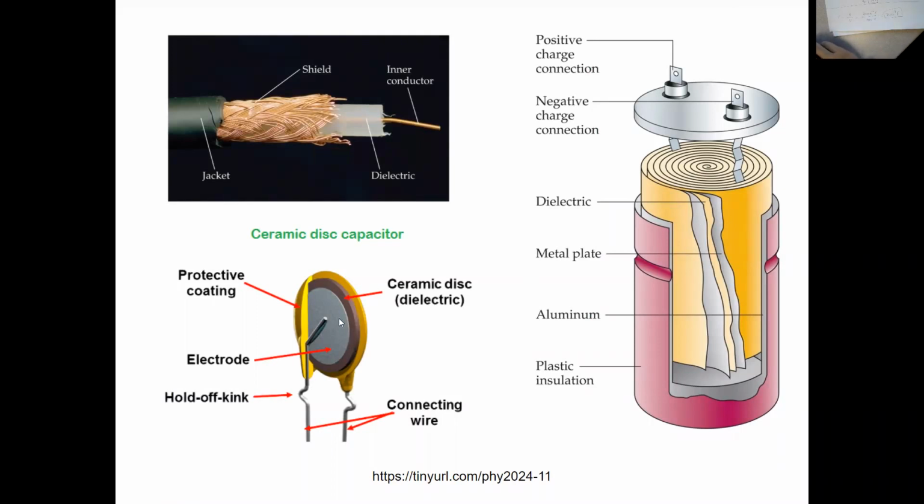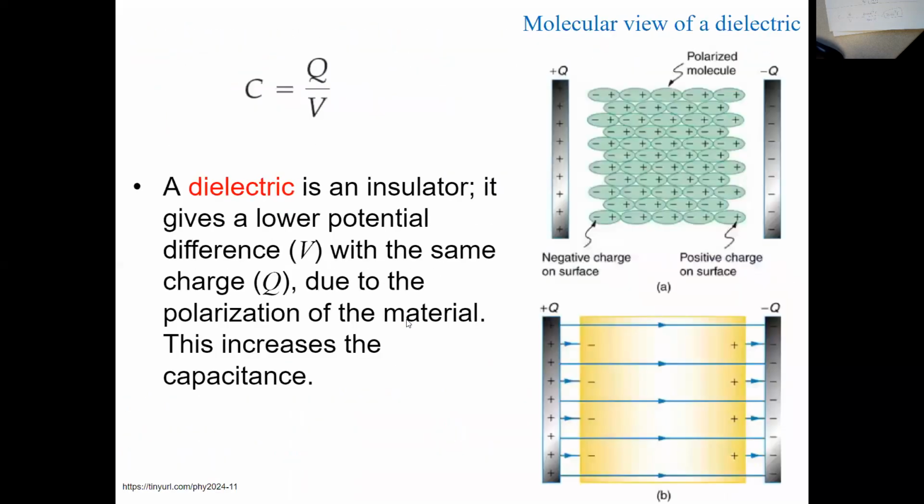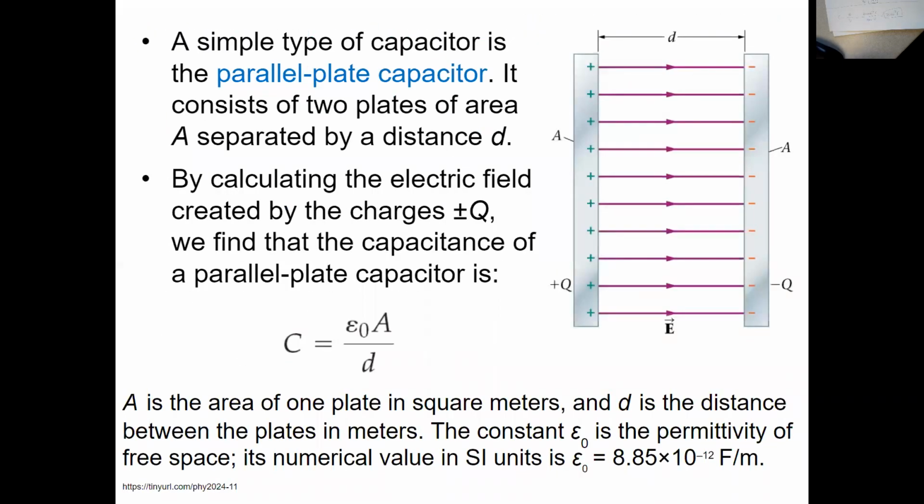Similarly, you will have a small insulator in between, and the two plates are very close to each other for the purpose of achieving high capacitance. So for a parallel plate capacitor, this is what you get: C equals epsilon naught times A divided by D.